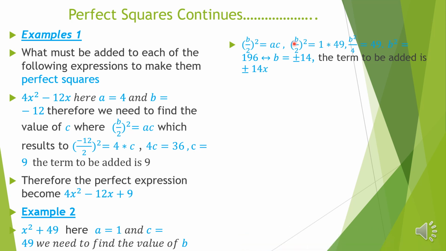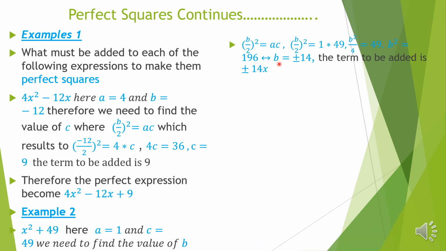Now squaring this part, we have B squared over 4 equals 49. Now to remain with B squared on this side, we multiply by 4 both sides, and therefore B squared equals 196.